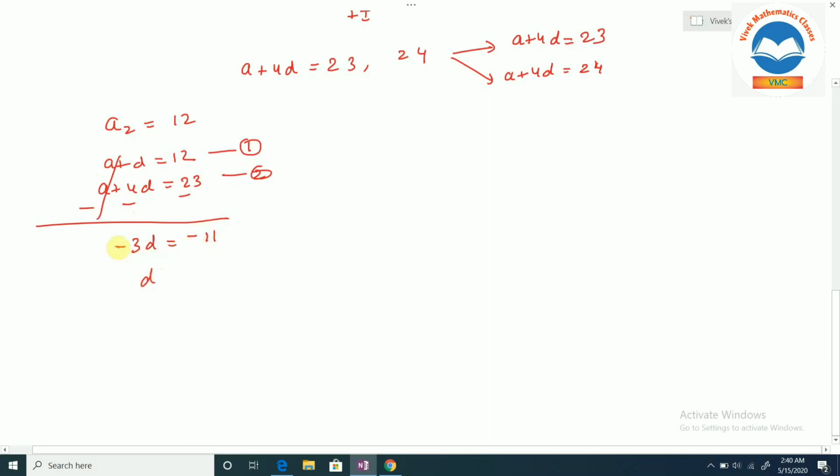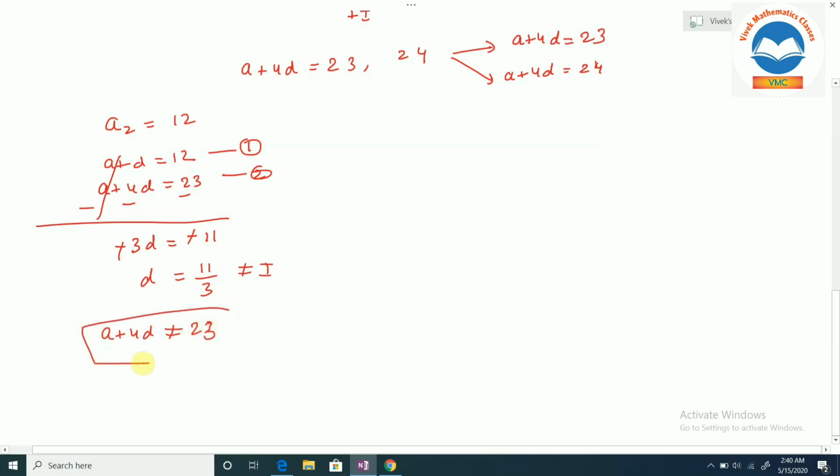So d value will be 11 by 3, which is not an integer. It means a plus 4d equal to 23 is not possible.